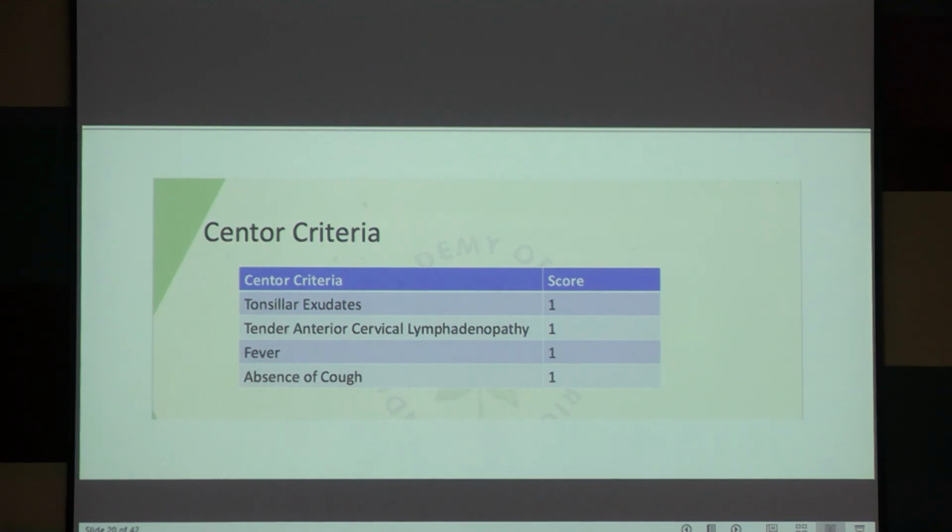Basically, these are the signs we get in bacterial sore throat. Fever, and absence of cough. So, the more the score, the more the cause of sore throat favors bacteria.